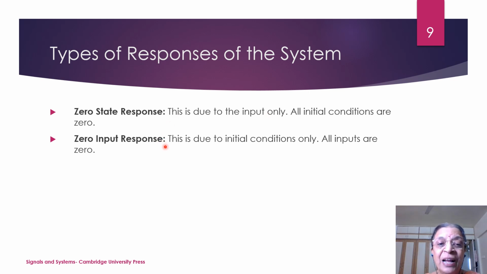When the input is zero and the initial conditions are not zero, and we are calculating the output because of the initial conditions only, that is called the zero input response. So when we are calculating zero state response, the initial state will be made zero, and when we consider zero input response, the input to the system will be treated as zero. Whatever the initial conditions are, we try to analyze the output that is developed because of them.